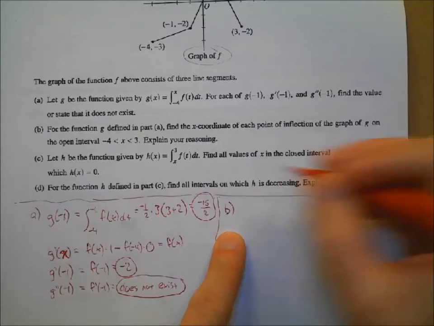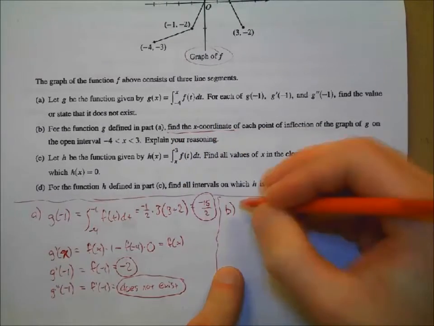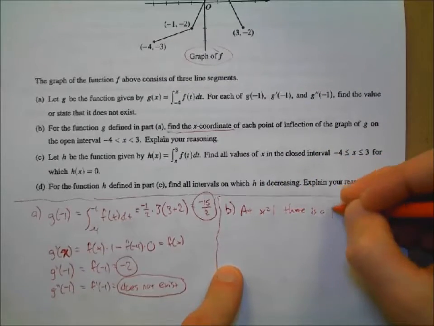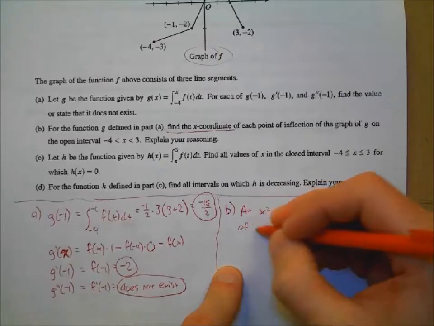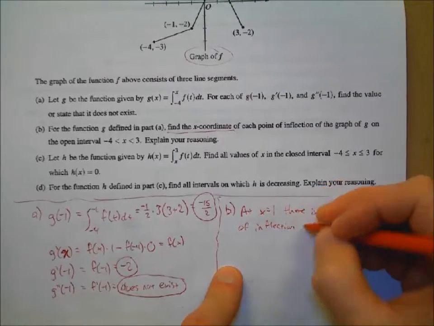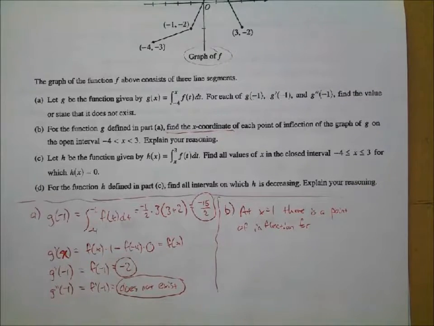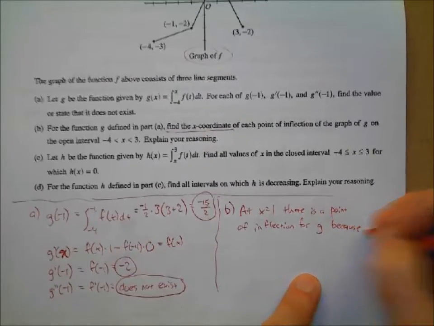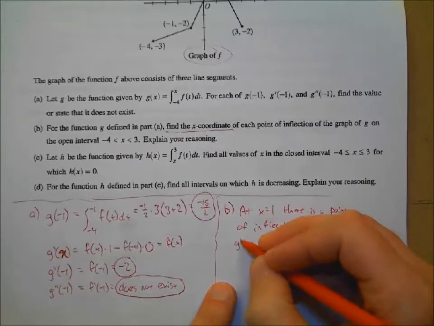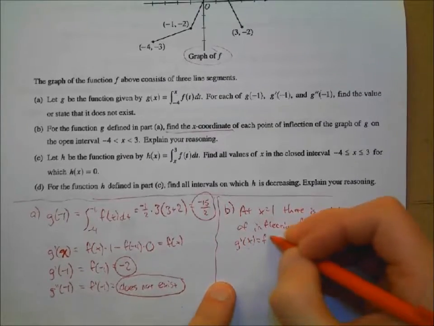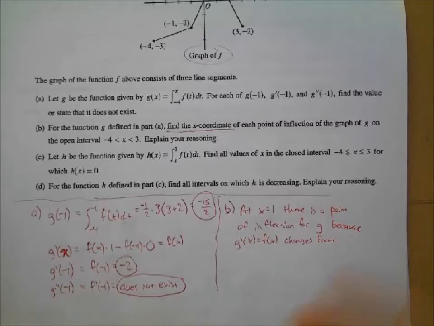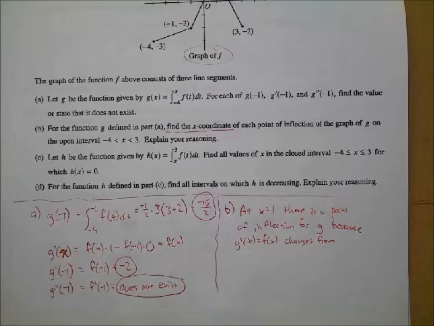And again, it just says find the x coordinates, all we have to do there. So, at x equals 1, there is a point of inflection for what function? G. Because g prime of x, which is equal to f of x, changes from, and in this case we can be specific because there's only one behavior, so we can be specific and just say changes from increasing to decreasing.